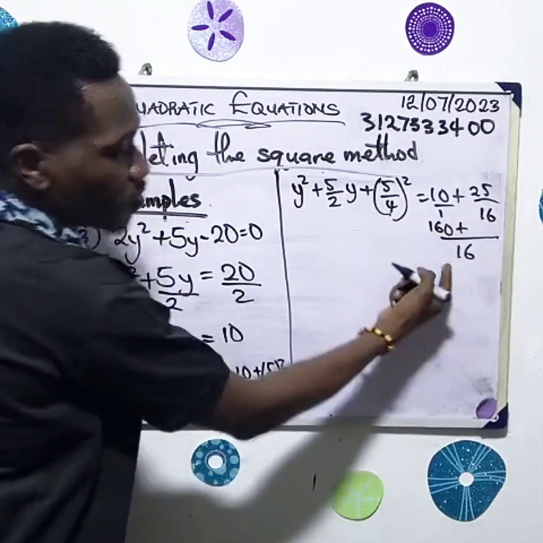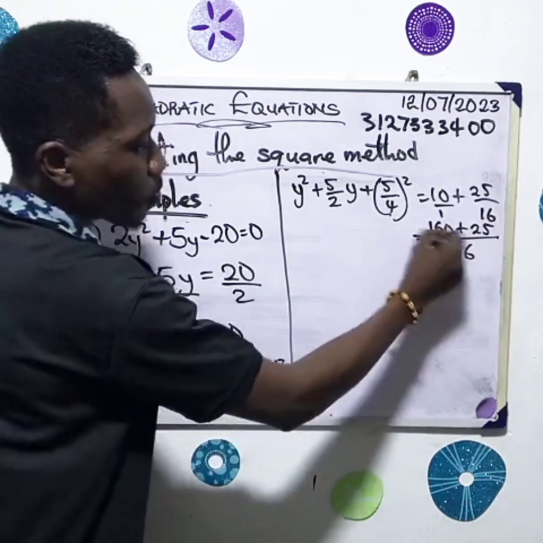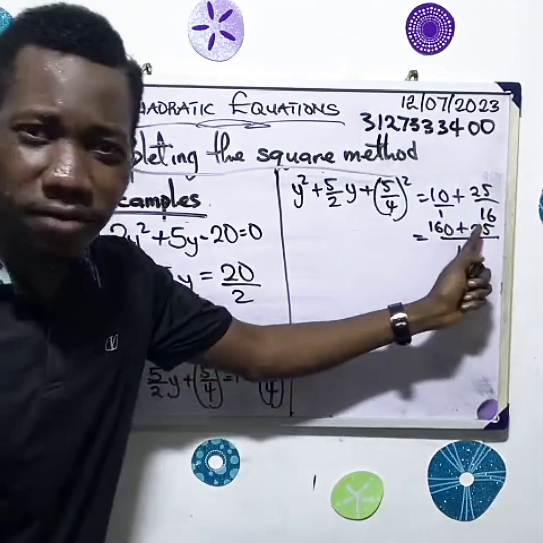Plus 16 divided by 16 is 1, 1 times 25 is 25. So 160 plus 25.